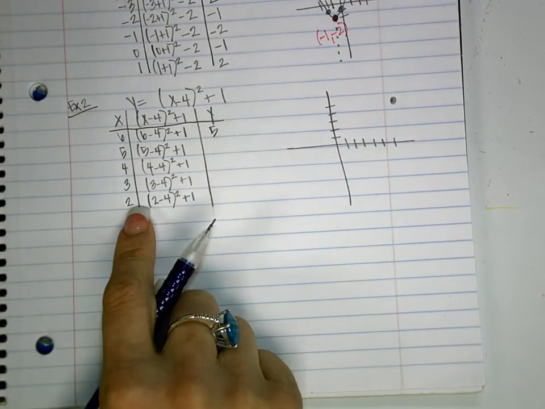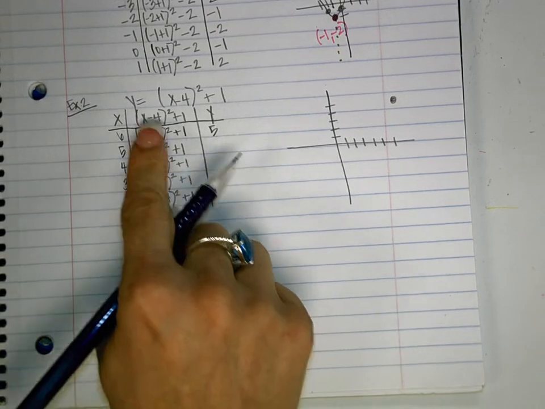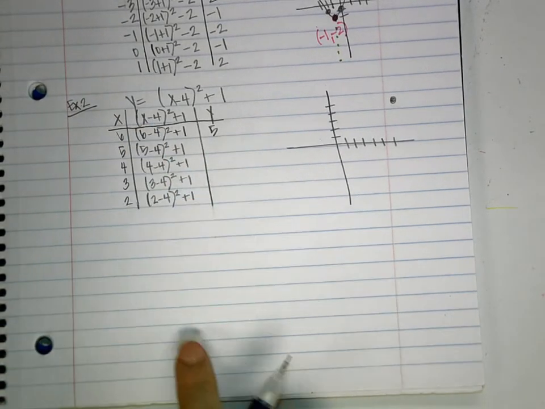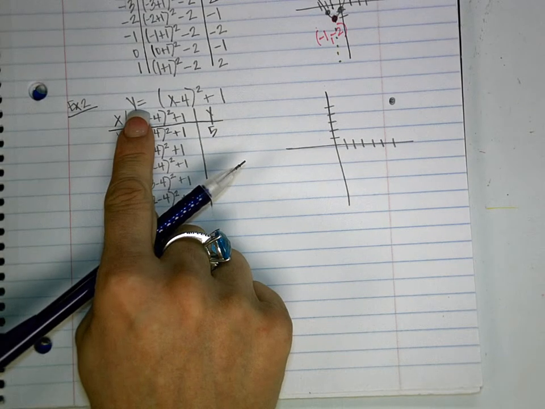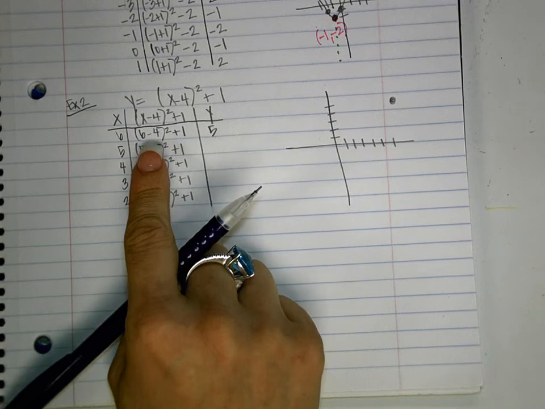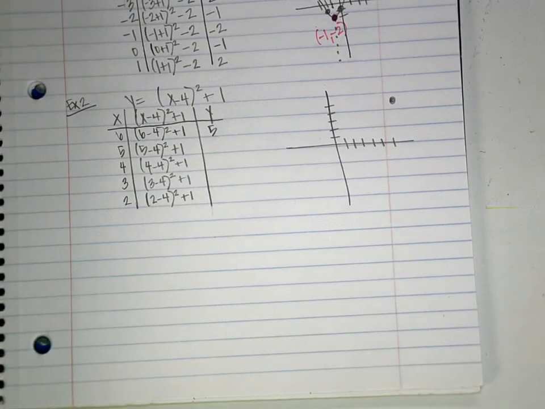I gave you these x numbers, and I'm plugging them into the equation for x, and then we're finding y. So now let's try 5 minus 4. 5 minus 4 is 1. 1 squared is 1.